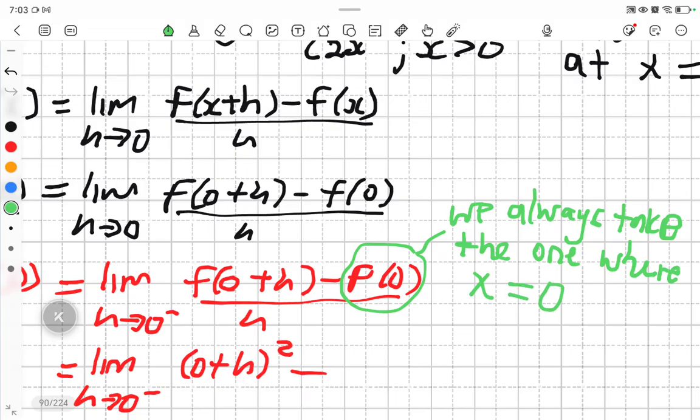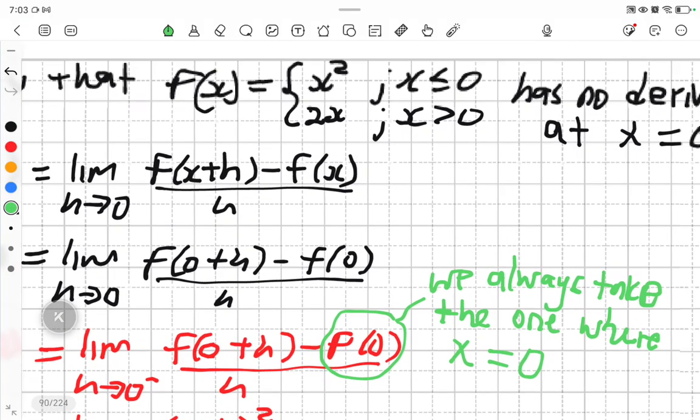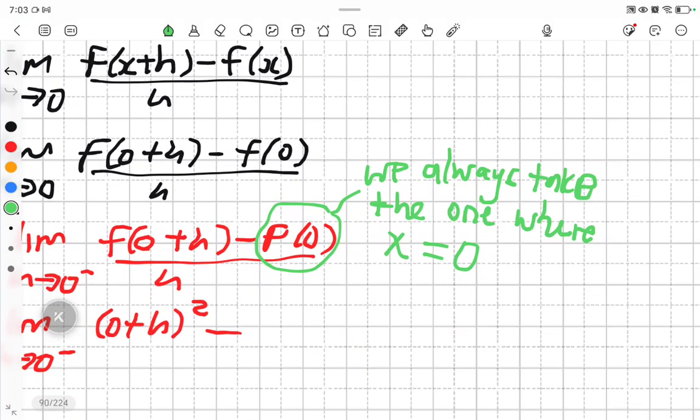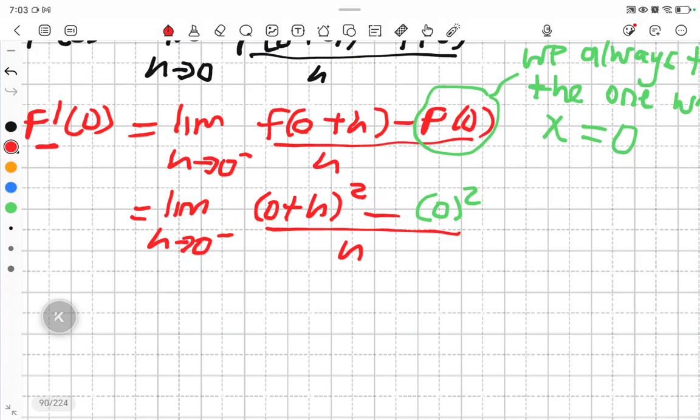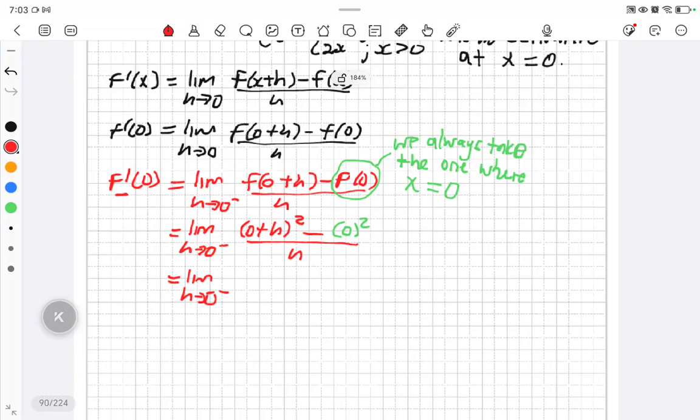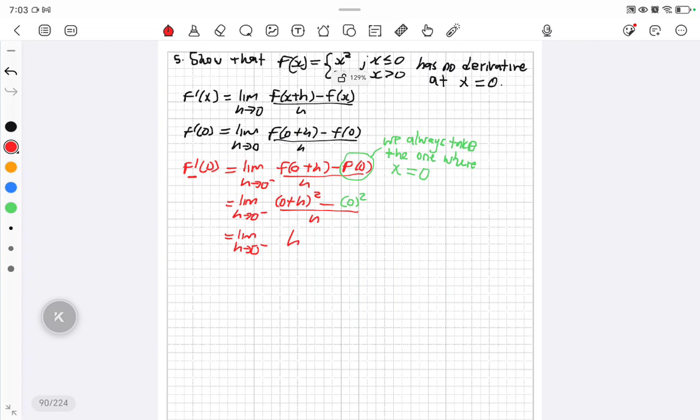That one we don't choose side. We always take the one where x is equal to 0. And then in that case it's x squared still, right? So this would be 0, which is all over h. And this would be the limit as h approaches 0 from the left. And then we have h squared over h. And this will be the limit as h approaches 0 from the left of h, and that will be 0.